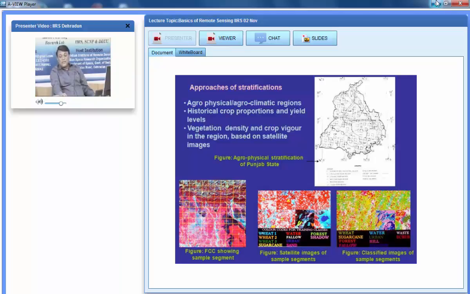After the sample segments are classified and acreage estimated, it is extrapolated to derive a district level acreage estimation based on the stratum based crop proportion.